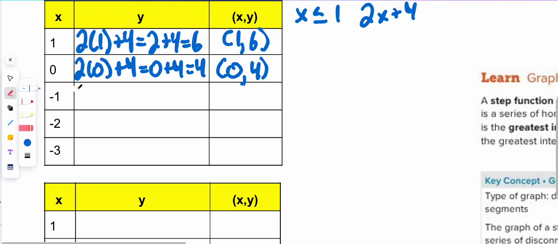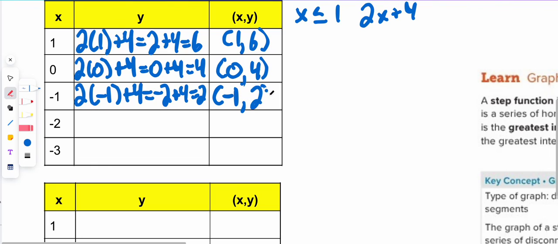Then we can plug in -1. So we have 2 times -1 plus 4. 2 times -1 is -2. Plus 4 leaves us with 2. So that's -1 comma 2. We have 2 times -2 plus 4. 2 times -2 is -4. -4 plus 4 gets us 0.